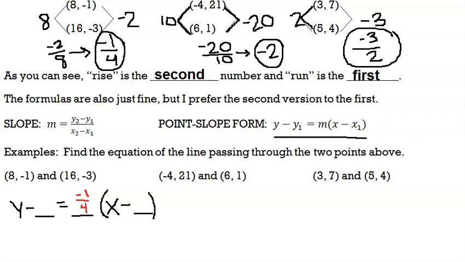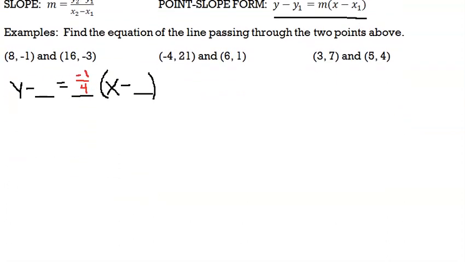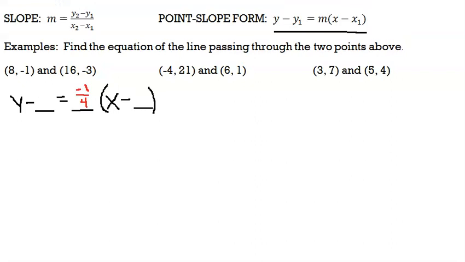Now, the numbers that you want to plug in for x and y, you just have to pick a point. It doesn't even matter which point you pick. If you look at the first point, for example, the x value is 8 and the y value is negative 1. So I'm going to put the x value next to the x, and I'm going to put the y value next to the y.